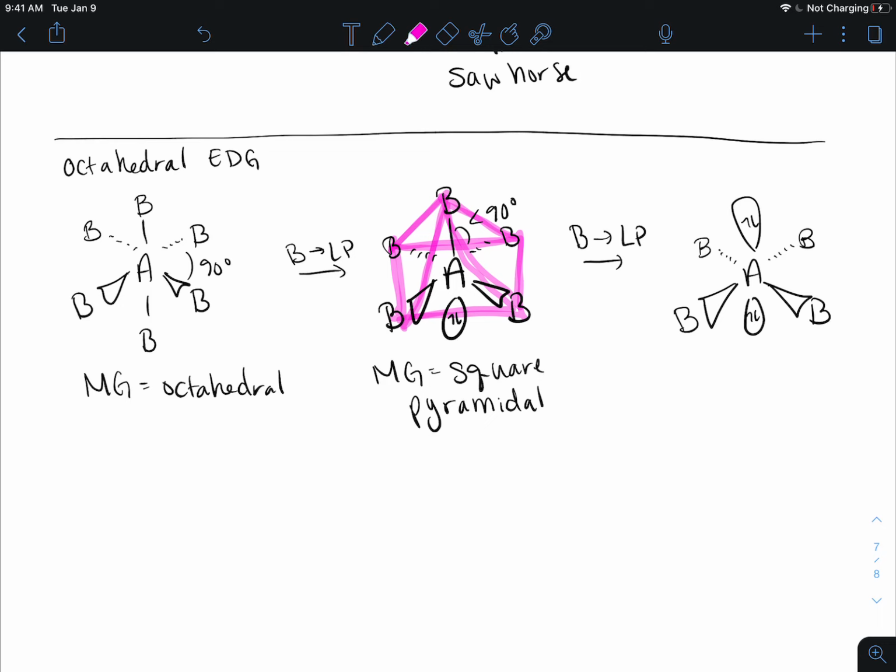Looking at our structure, we have a square in one plane, so this is called square planar. Now, because we have our lone pairs 180 degrees away from each other, they're going to repel with the same amount of magnitude. So this bond angle will equal 90 degrees. So we're back to having a 90-degree bond angle.